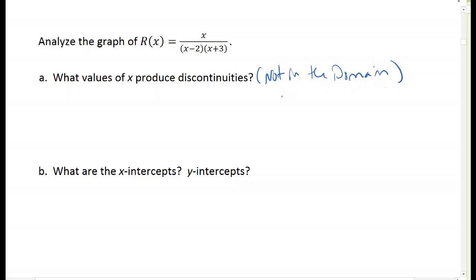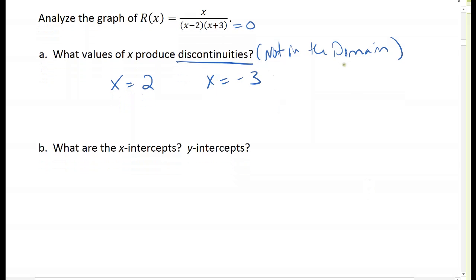Well, 2 will give me a 0, and so will negative 3. Those are the values not in the domain, and so in my graph, those should be values where I've got a break in my function, a discontinuity.